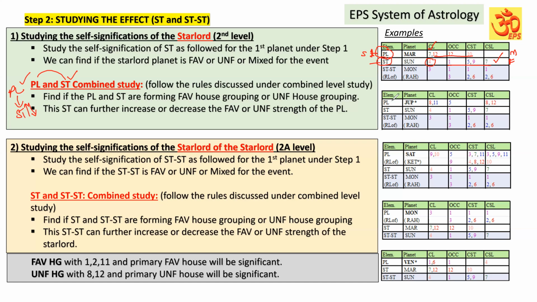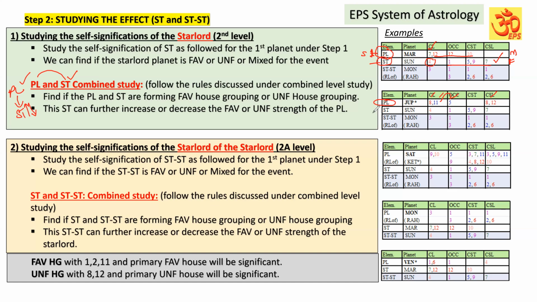The same way you can see Jupiter in the first step. It has got 8th Lord, 11th Lord occupying 5th house, 8 and 12 cuspal sublord. This is also a mixed significator, wherein 8th Lord and 8 and 12 sublord, and 11th Lord occupying 5th house. Favorable grouping is also there from the 11th house in CL, and from the 8th house in CL, it is 8 and 12 cuspal sublord also. It has both favorable and unfavorable grouping.